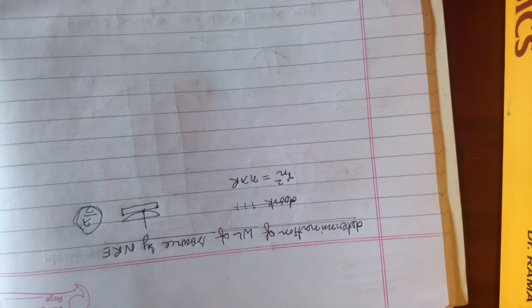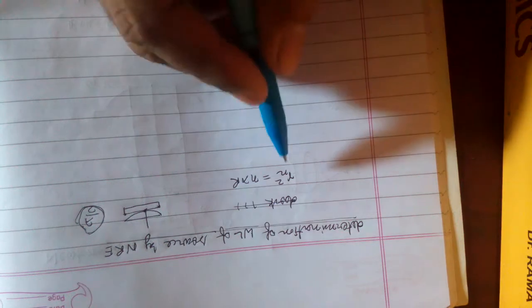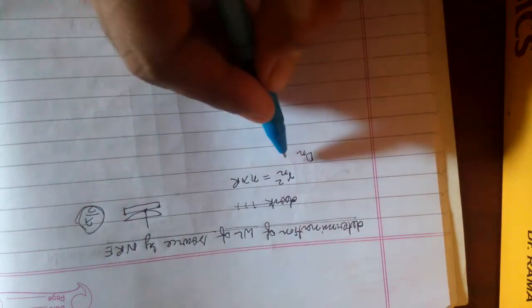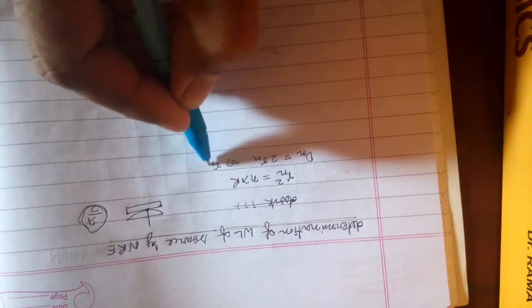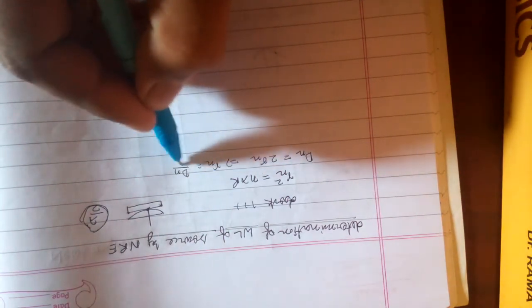If we consider D_n as the diameter of this ring, then D_n is twice r_n, or r_n is D_n by 2.